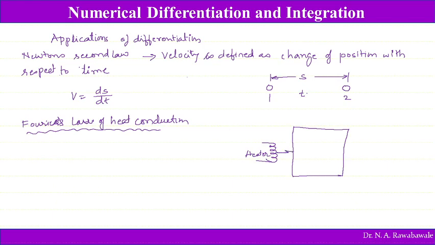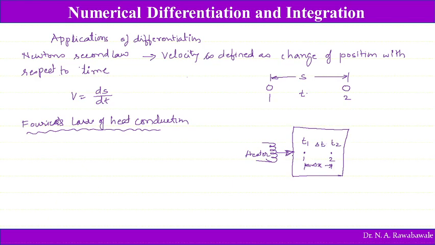This heater is dissipating heat and giving it to this object, and this heat starts to pass through this material. So let us say this is position 1 and this is position 2. Let the distance between these two be delta x, whereas T1 be the temperature at first position, T2 be the temperature at second position. That is nothing but delta T be the temperature difference.